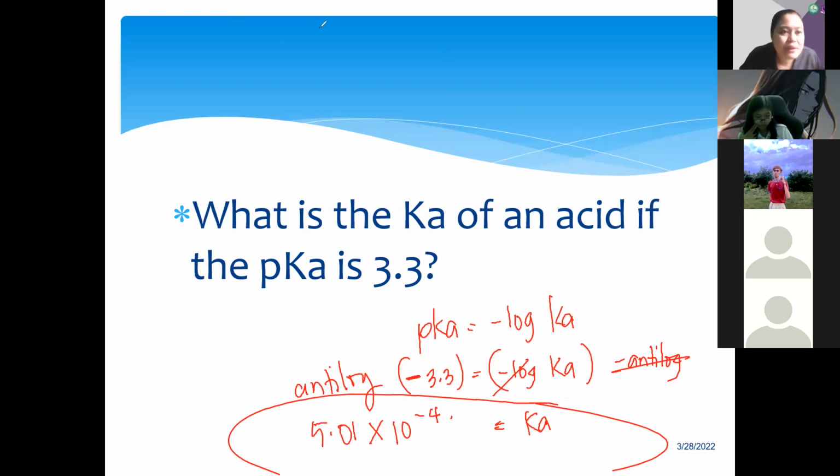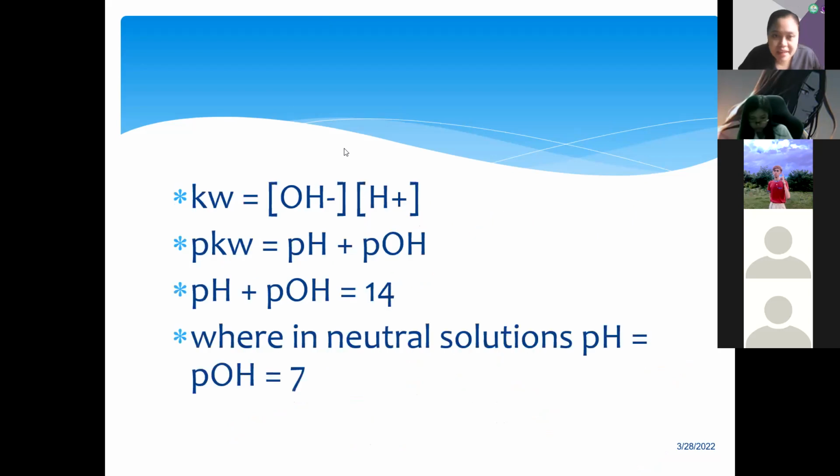Okay, very good. That's 5.01 times 10 raised to the power of negative 4. Yung iba, 5.01 lang yung answer. Nawala si times 10 raised to the power of negative 4. So kindly check your answers saan kayo nagkamali.